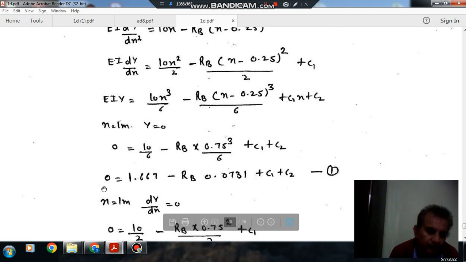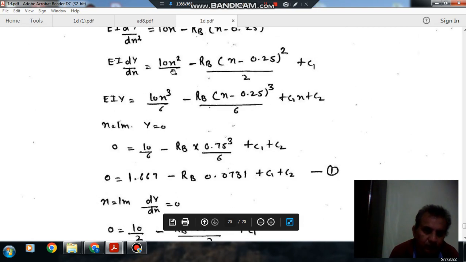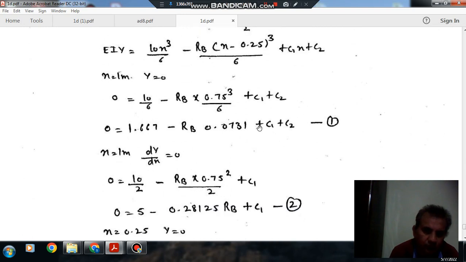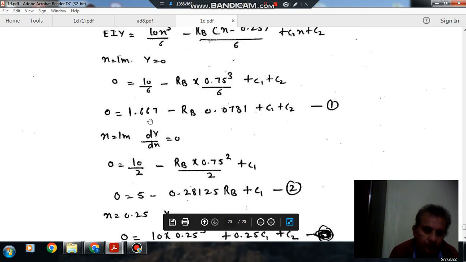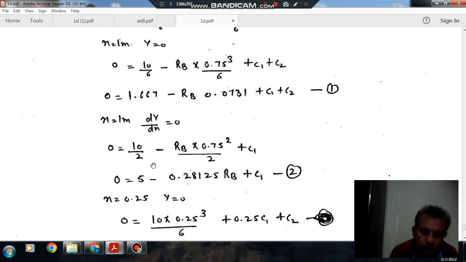Now again putting x equal to 1 with dy by dx equal to 0, we get 10 by 2 minus RB into 0.75 square by 2 plus C1 equals 0. So this is equation number 1 and this is equation number 2.